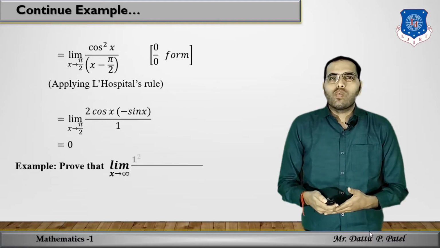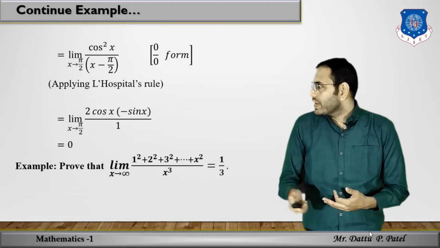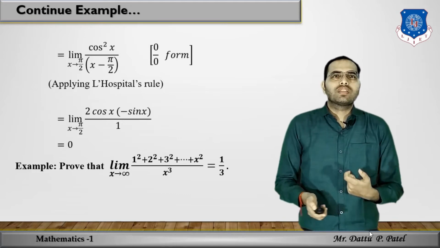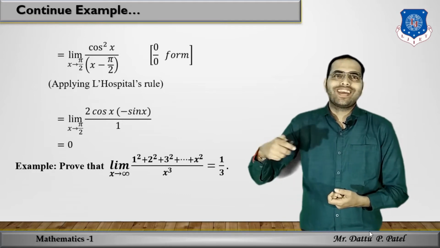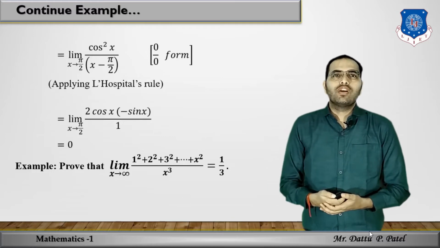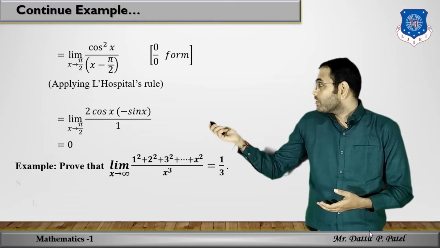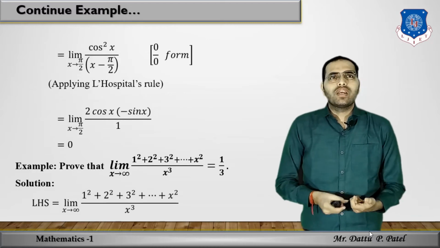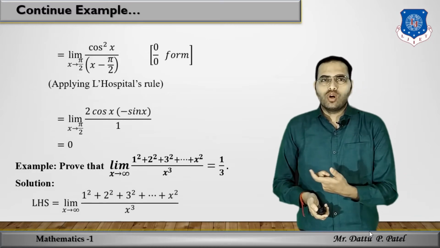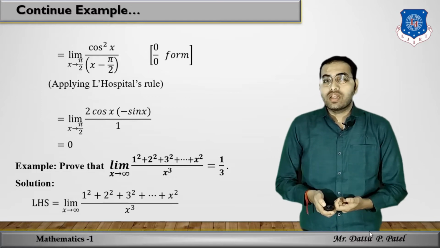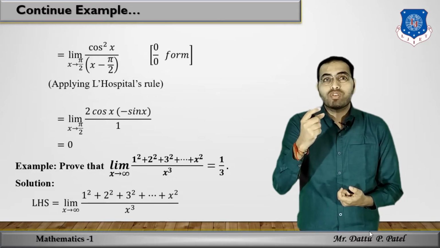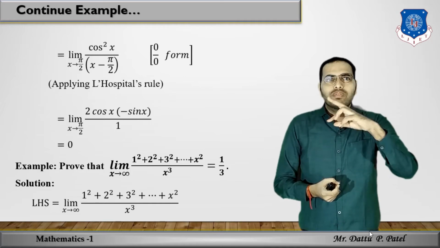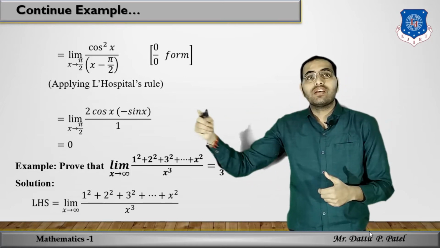Now let's see one more example. Prove that limit x tends to infinite, 1 square plus 2 square plus 3 square and so on up to x square, upon x cube, equals 1 by 3. Firstly, the LHS numerator is exactly 1 square plus 2 square plus 3 square and so on, which is a standard series.